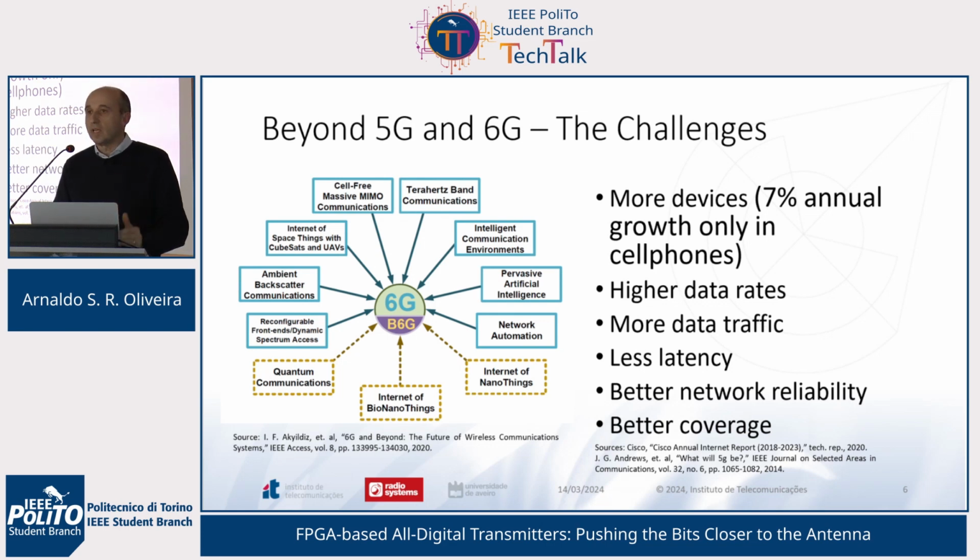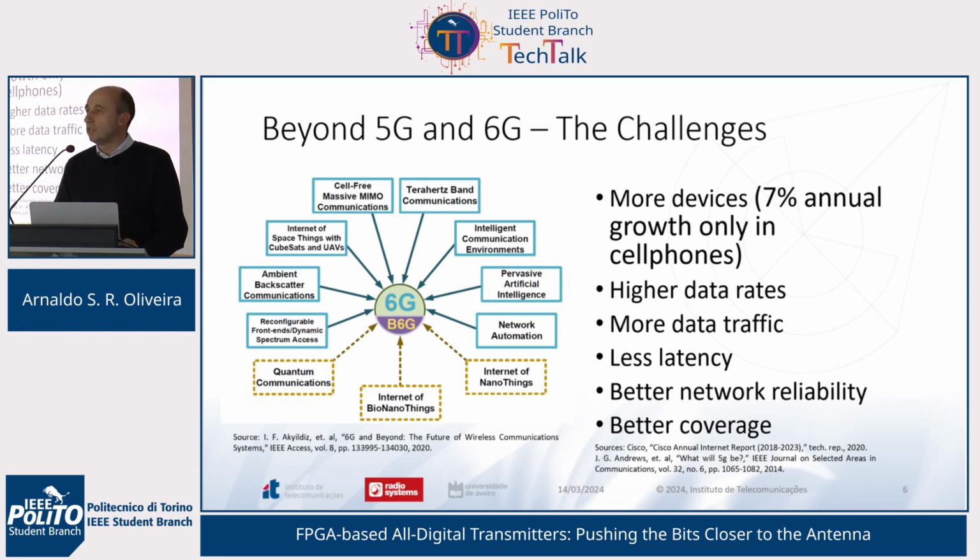Non-terrestrial communications based on CubeSats, UAVs and satellites will be available everywhere. We will use different types of communications to save energy, for instance ambient backscatter communication, in order to have more efficient and more autonomous devices.